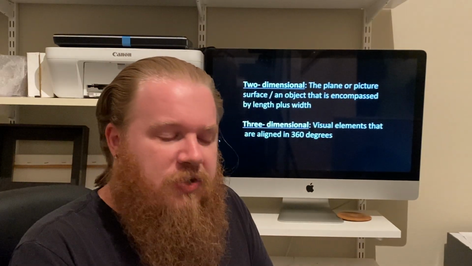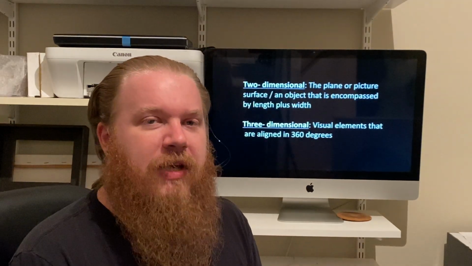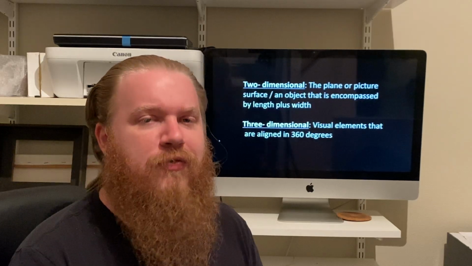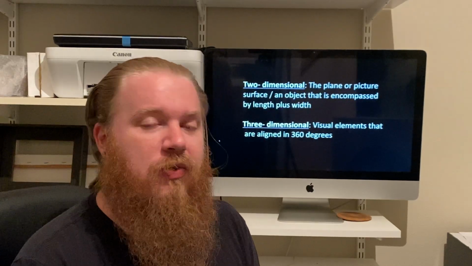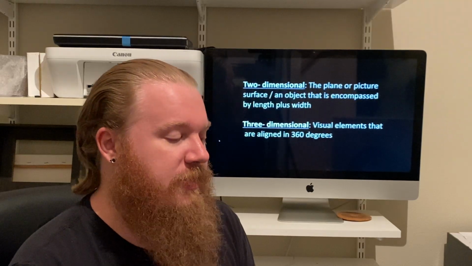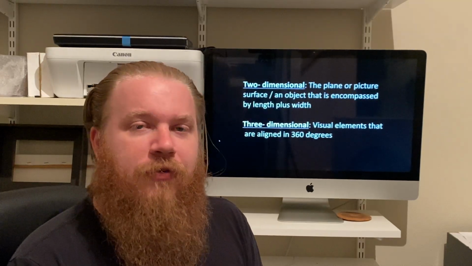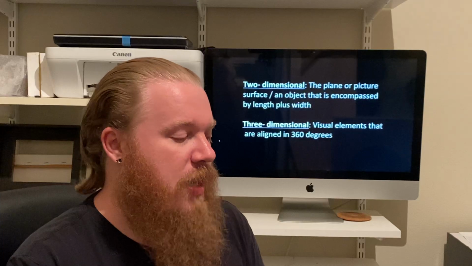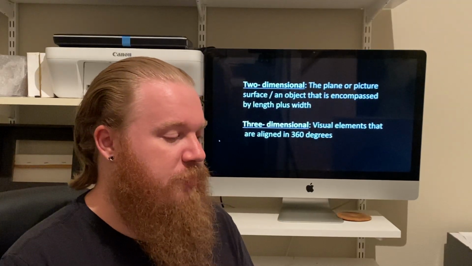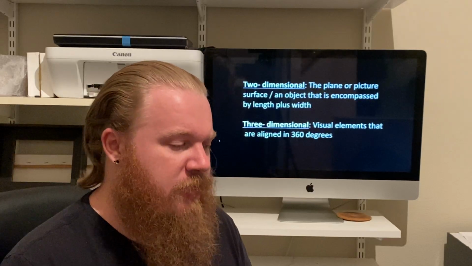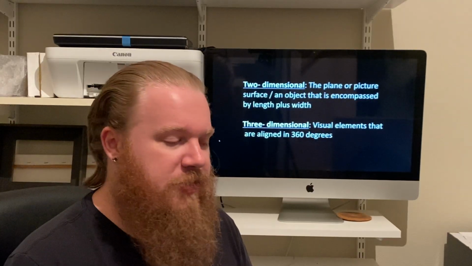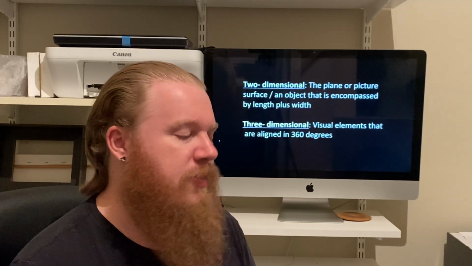Before we can really start to talk about the visual elements, we have to know how the visual elements might be arranged, and that would be in two-dimensional or three-dimensional format. So, when we're referring to something that has two dimensions, this would be referring to the plane or the picture surface, or an object that is encompassed by length plus width.